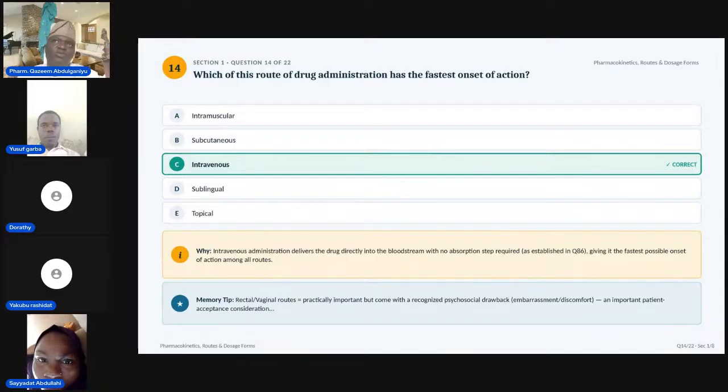Maybe somebody comes with a body temperature of say 41 degrees, and then you want to decide which drug to give or what route of administration will be better. I'm sure you will not make the mistake of giving oral, right? Because oral will take a long time before you can get the results, right?